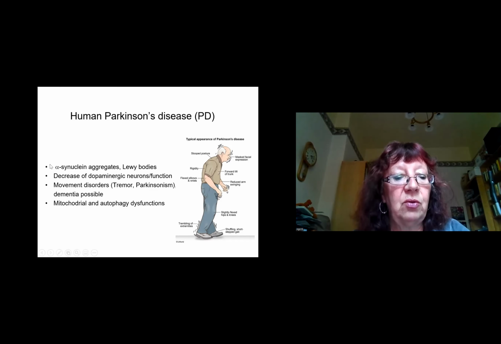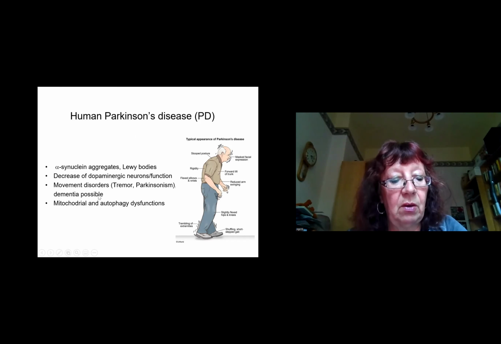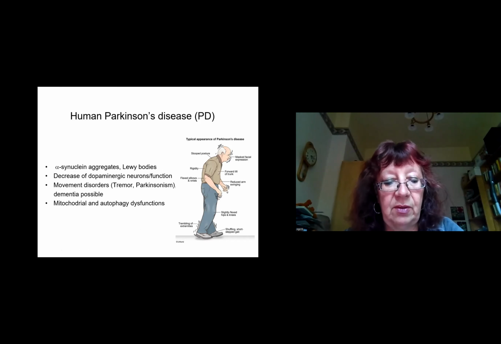This, as well known, results in a lot of movement disorders like tremor, Parkinsonism, and also dementia is possible. And of course, there are also lots of non-movement disorders, but I will focus on those in the ongoing study. It's also known that mitochondrial and autophagy dysfunction can play a role in the disease.